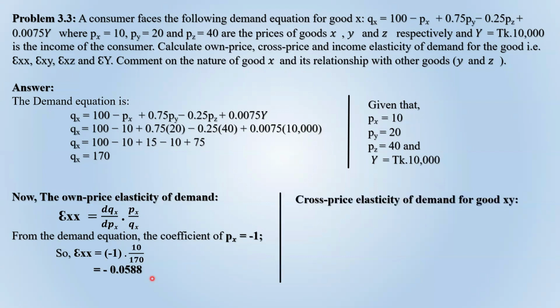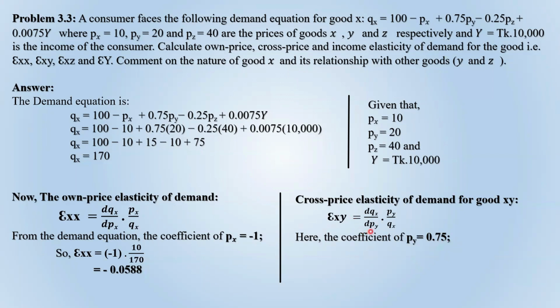Now next, move to the cross price elasticity. Cross price elasticity of demand for good XY. The equation is similar to own price elasticity. Epsilon xy is equal to the change in quantity of good X with respect to change in price of good Y, times price of good Y divided by quantity of good X. Here the coefficient of Py is 0.75.